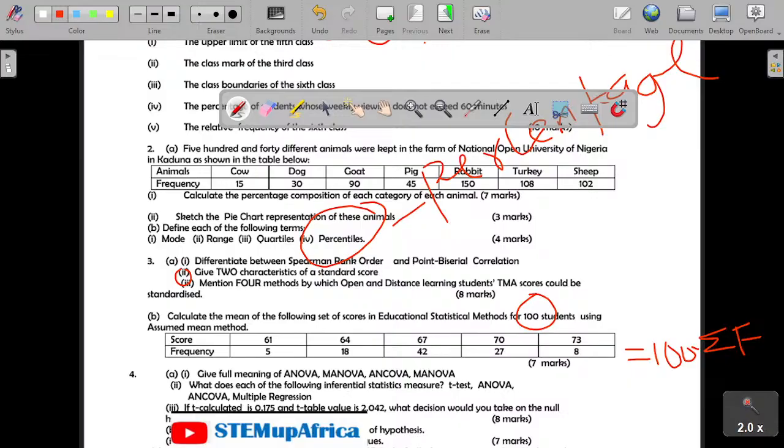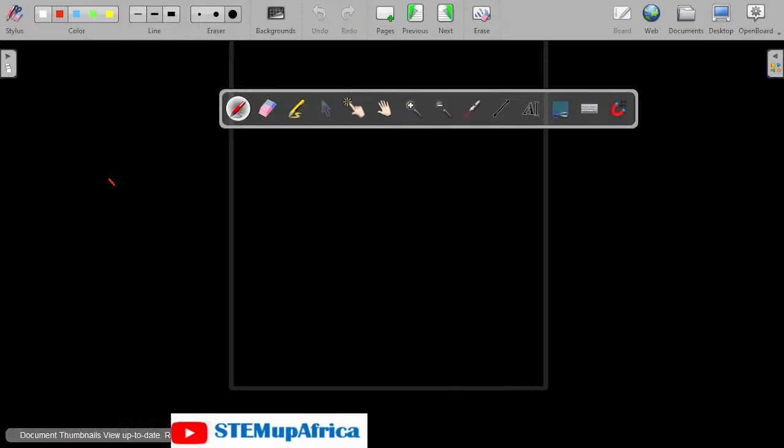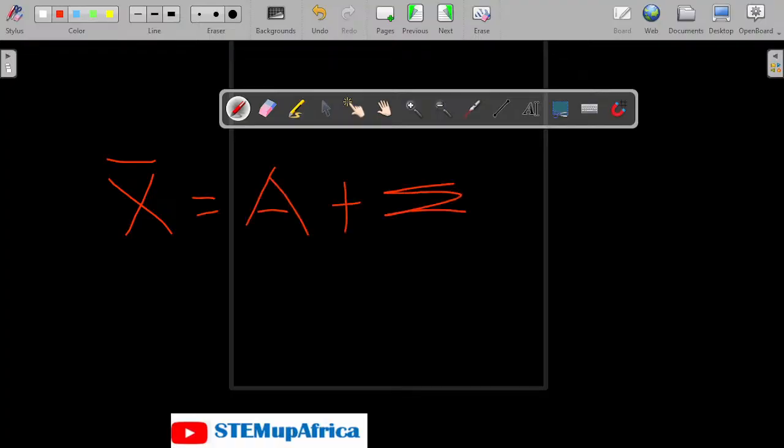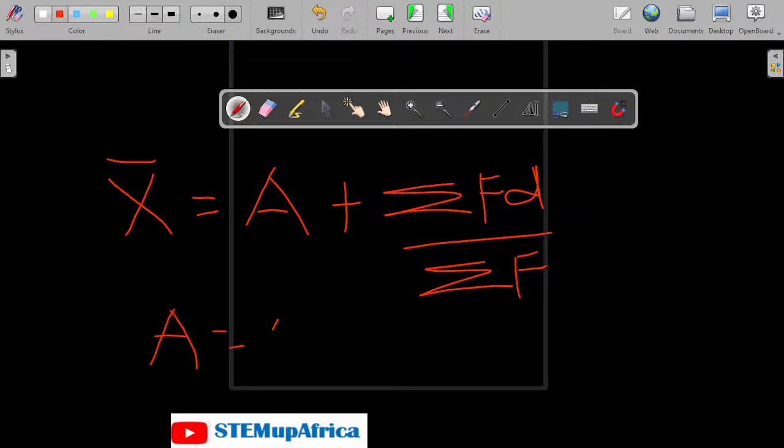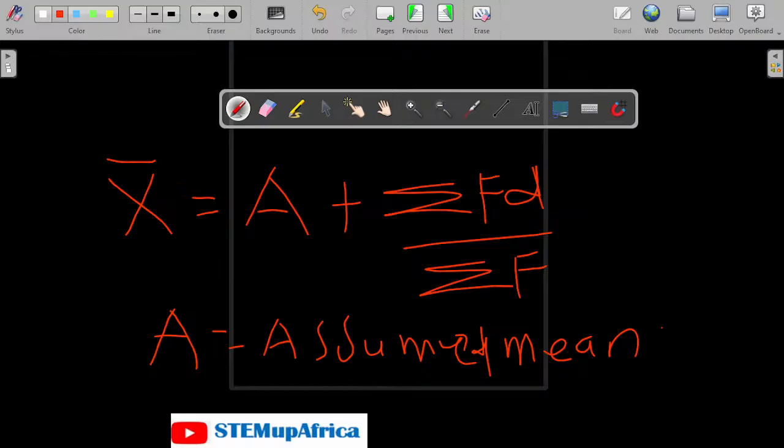The mean itself is called x bar, which is A plus summation FD over summation F, where A is the assumed mean, D is called deviation, and F, as we know before, is frequency.